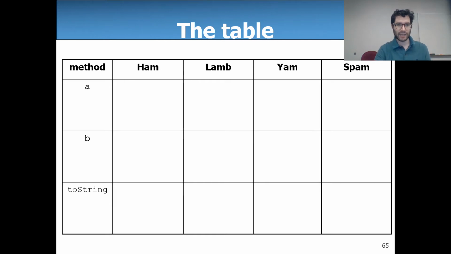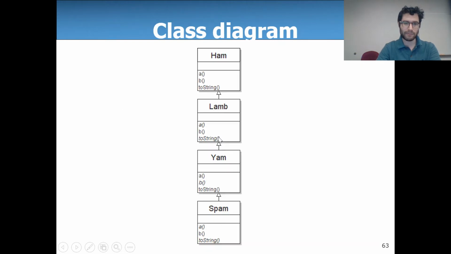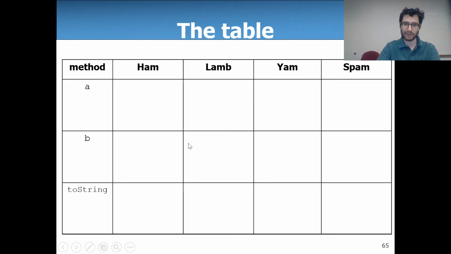So let's look at our table. With ham A, we do ham A and then we call B. B is ham B, and toString is ham. Lamb just overrides B. Yam overrides lamb's A, calls our parent's A method, and overrides the toString method.